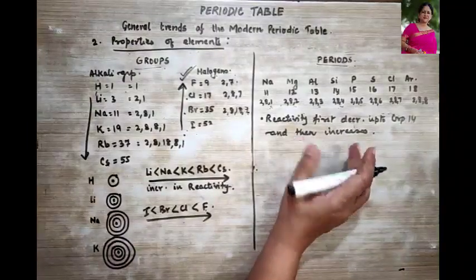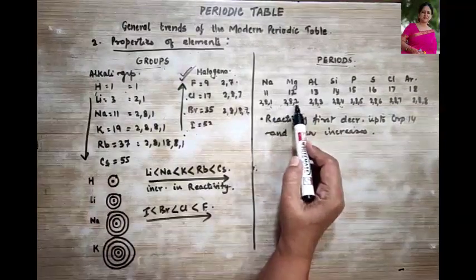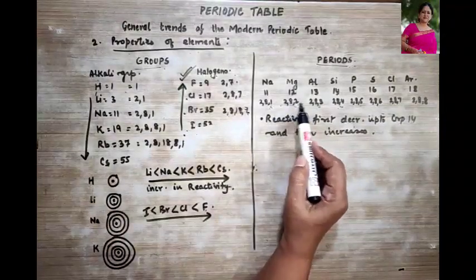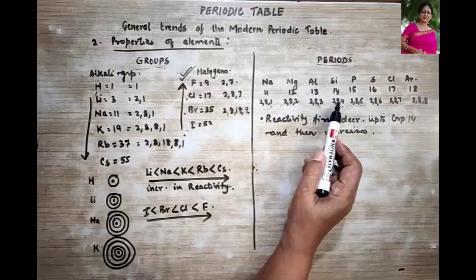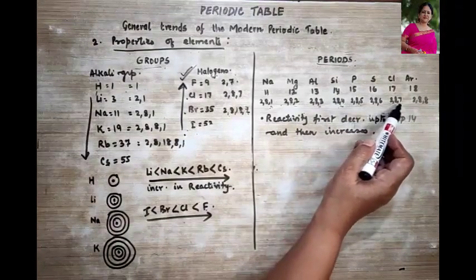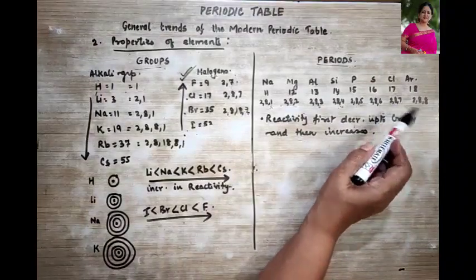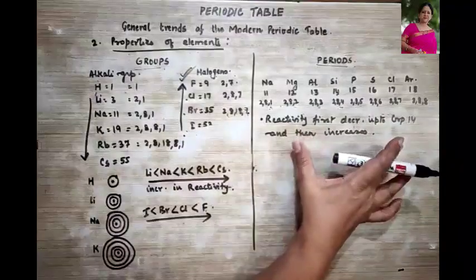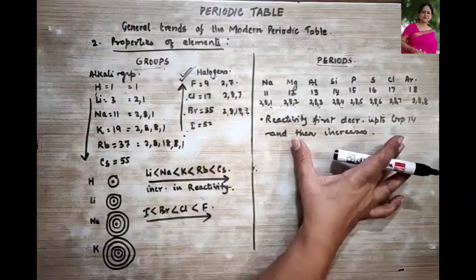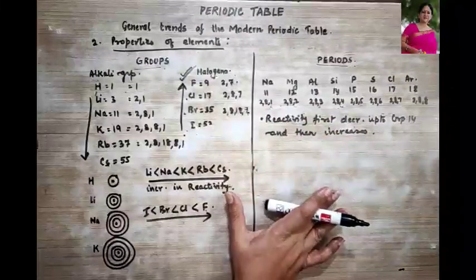As I told you, these groups 1, 2 are more reactive, they are metals. As we go down, metalloids are lesser reactive. Then as we go towards the non-metals to chlorine, chlorine is highly reactive. So I hope the reactivity also is very clear to you. The properties of elements is clear.